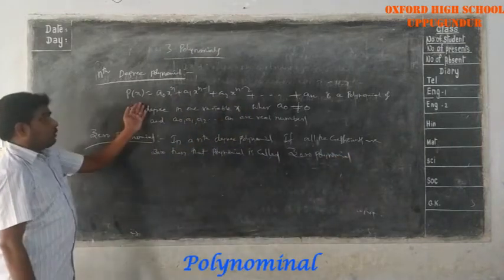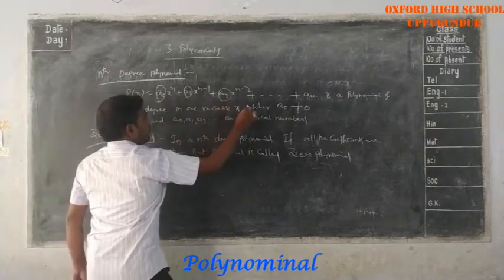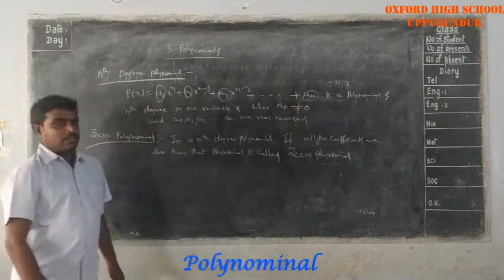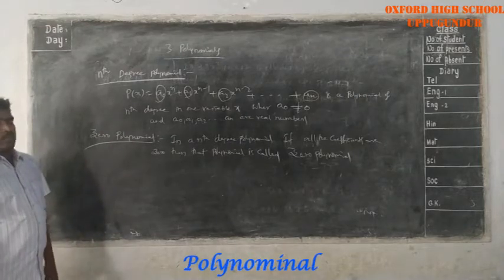So in this nth degree polynomial, if all the coefficients a0, a1, a2 and so on are 0, then it is called zero polynomial.